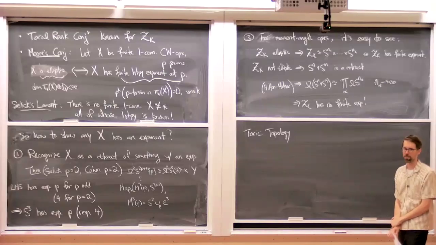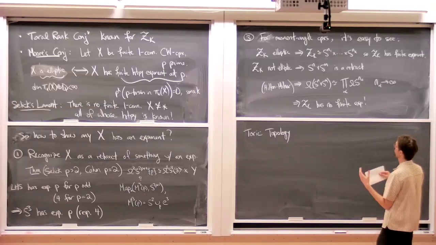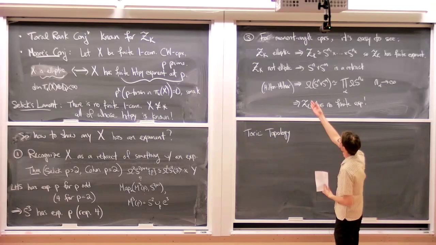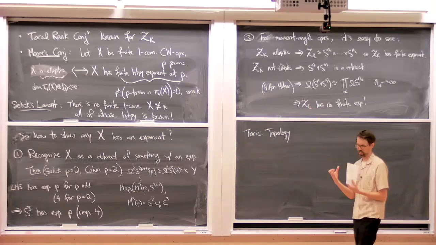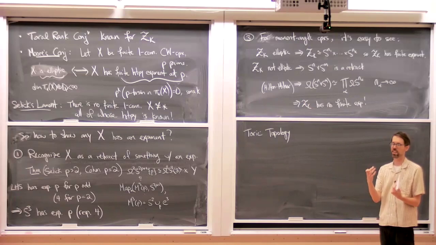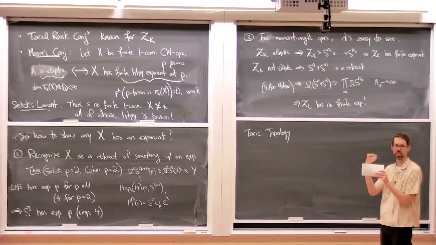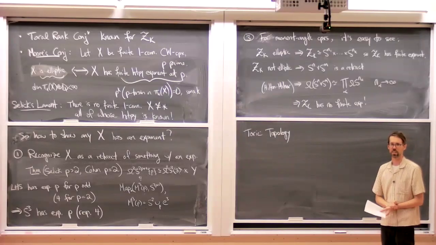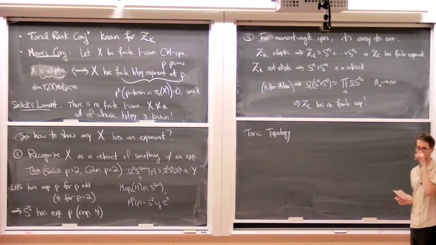Integral homotopy. Oh, okay, thank you. Yeah, basically you can show that the only way Z_K can be elliptic is if this simplicial complex K is just the boundary of a simplex or the join of a bunch of boundaries of simplices. And the moment angle complex associated to such a thing is just a sphere. So we'll see that as our first example in a little bit.